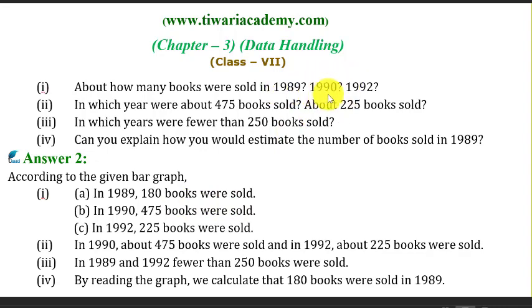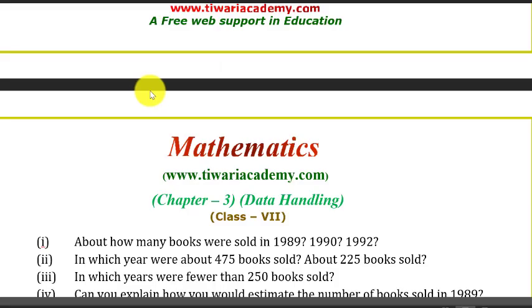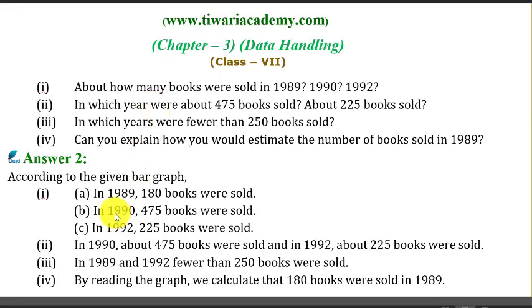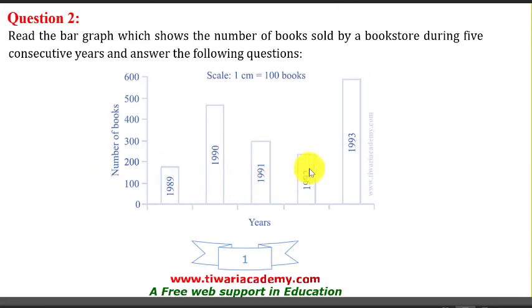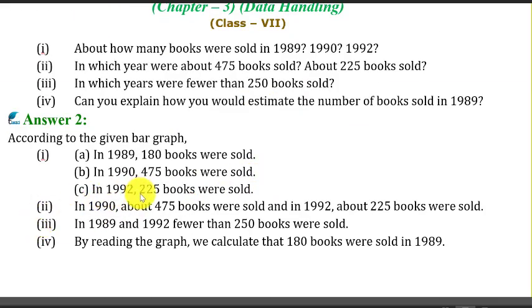In 1990, the value is in between 400 and 500, so the approximate value is 475 books sold. And in 1992, it is in between 200 and 300, which will be written as 225 books sold. You can use the scale from the textbook to take the approximate value.